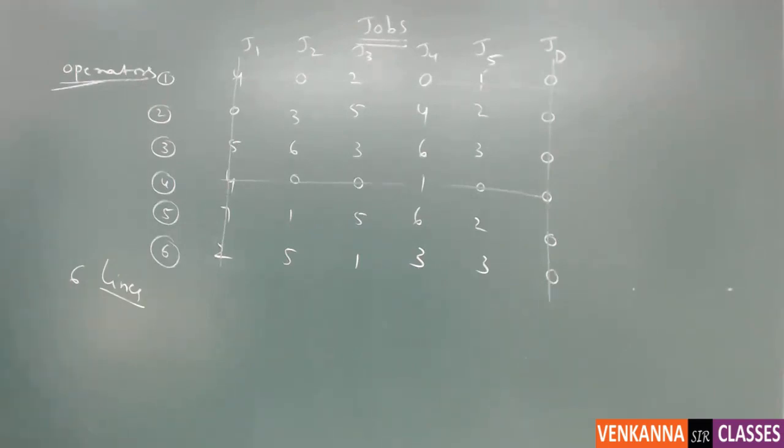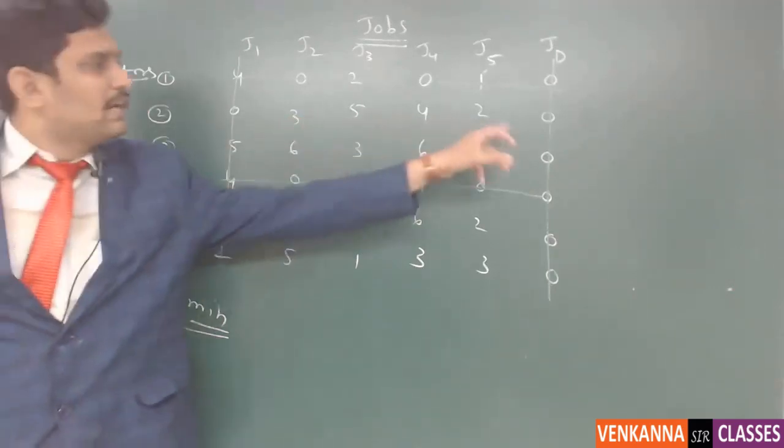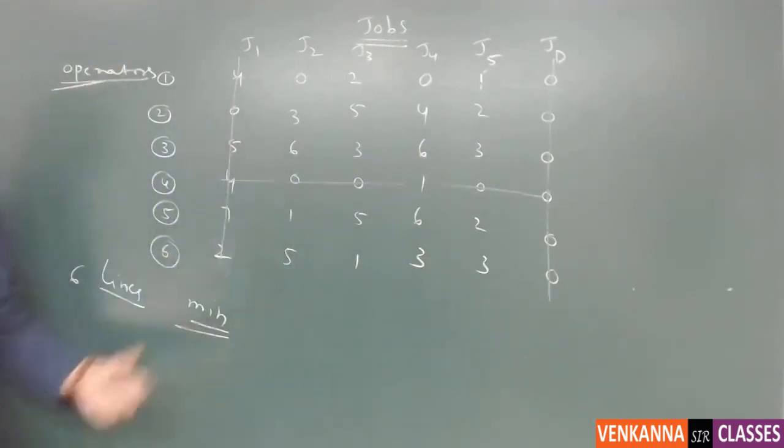Now, if that part is clear, since the allocation is nothing but 4 lines, you can go for only 4 allocations. So for the uncovered cells where the lines are not drawn, you take the minimum value. What is the minimum value there? For the rest of the matrix where lines are not drawn, it is 1. So from the uncovered cells, you subtract 1, the smallest value.